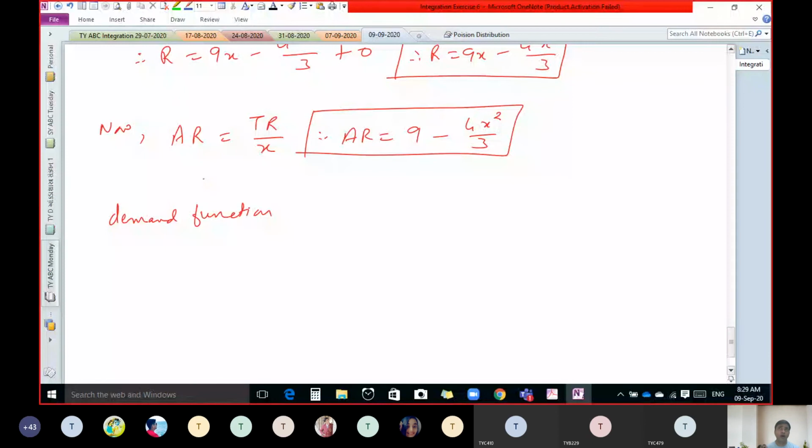What is the formula for revenue? Demand into price. Correct. P into X, where P is price or demand function.